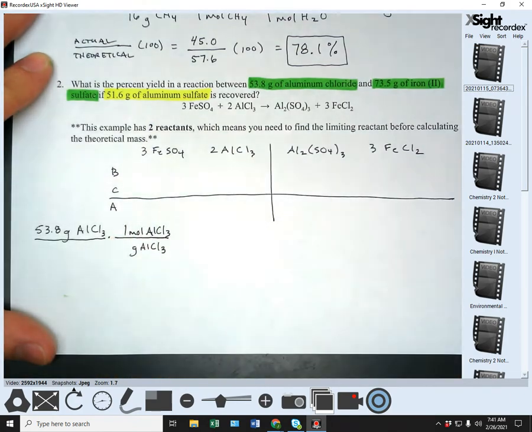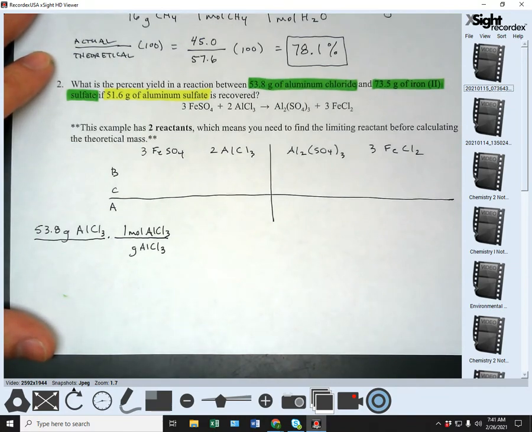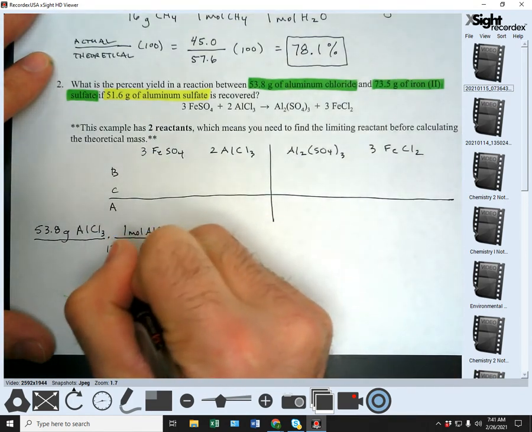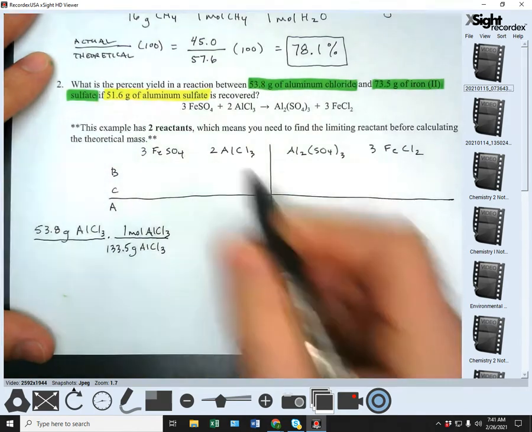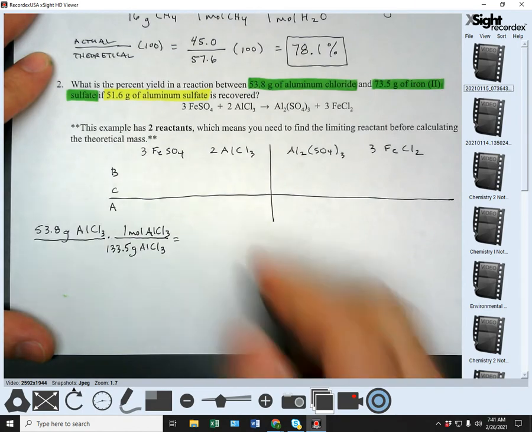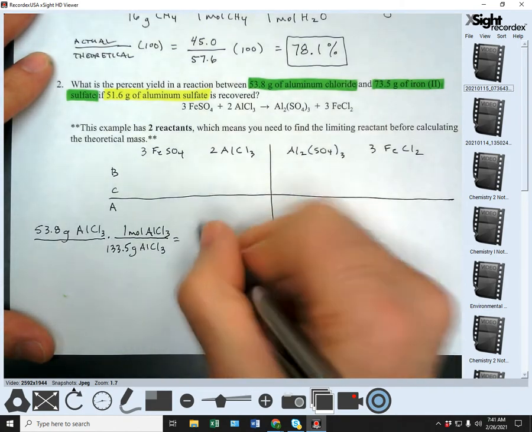So 1 mole aluminum chloride is, let's see, 1 times, what's aluminum? 27 plus 3 times chlorine is 35.5, gives us 133.5. All right. So we take 53.8 divided by that, and we get 0.403.